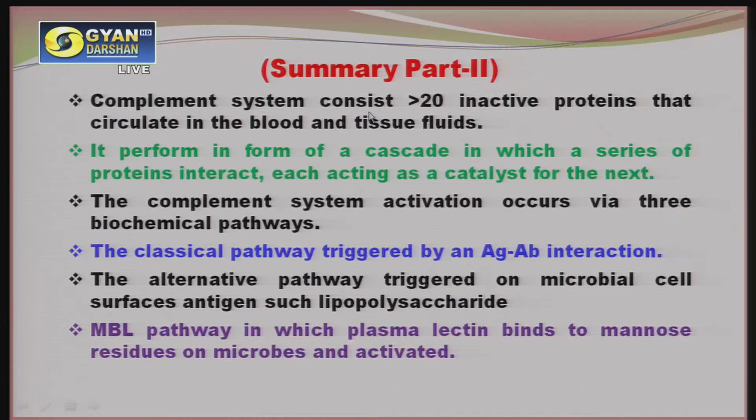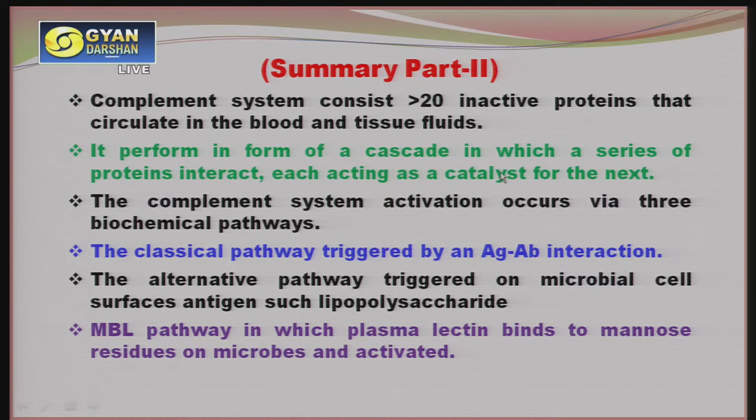Dear learner, I want to summarize my session, part two. I have already discussed the complement system: it is more than 20 inactive proteins that circulate in the blood and tissue fluid, and they perform in the form of cascades.